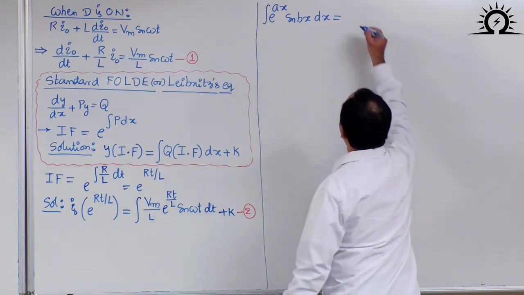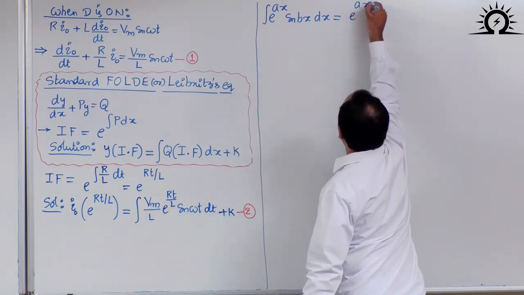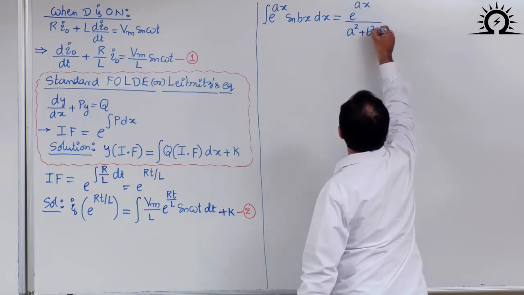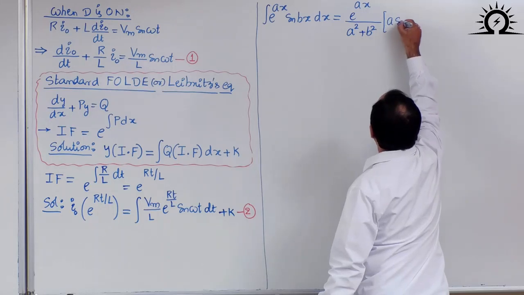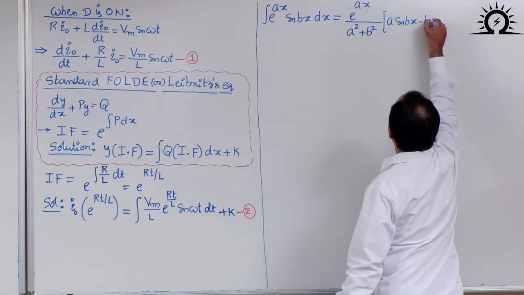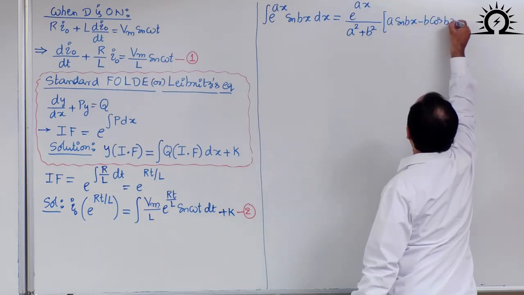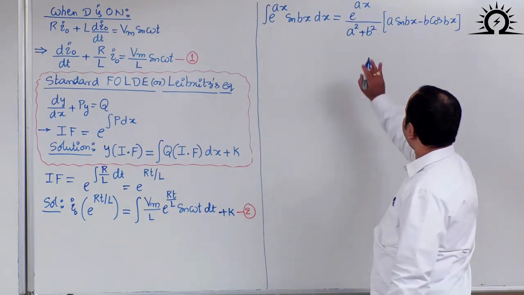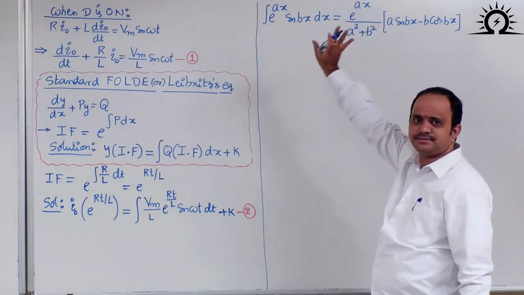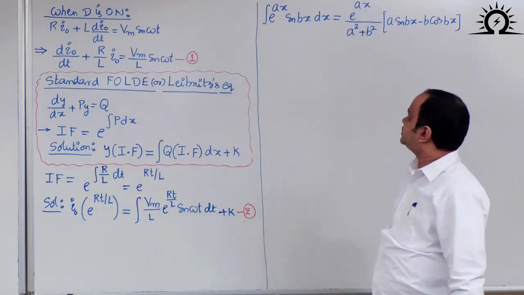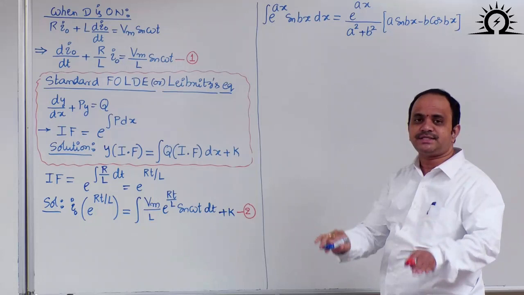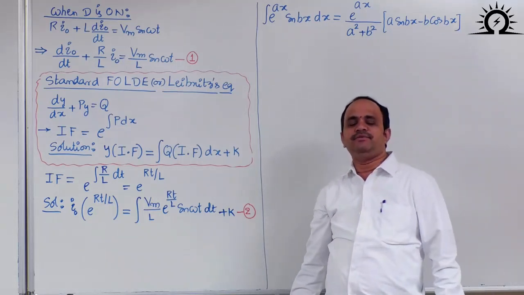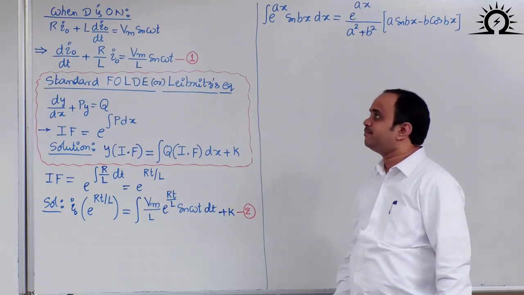It is e power ax divided by a square plus b square, into a sin bx minus b cos bx. From the mathematics point of view you can leave it like that, but in our subject we are interested in writing it in the form of some number multiplied with the sine of some angle.